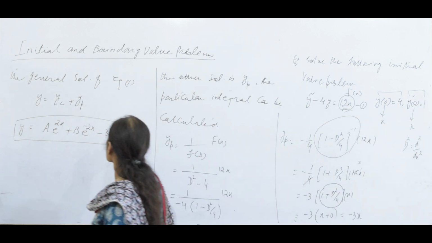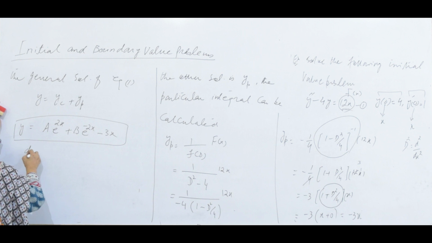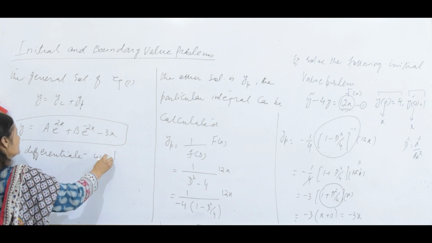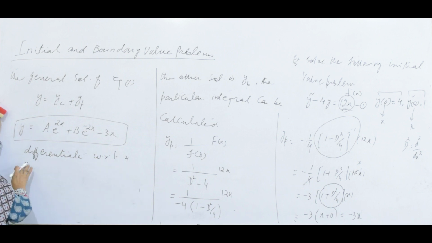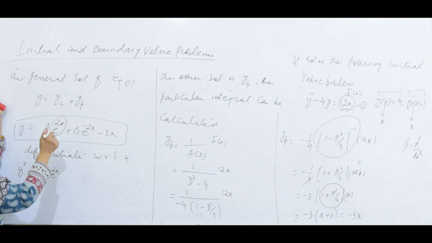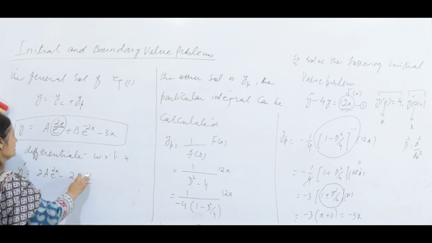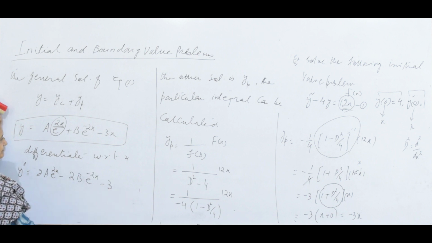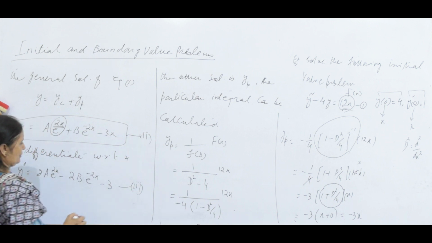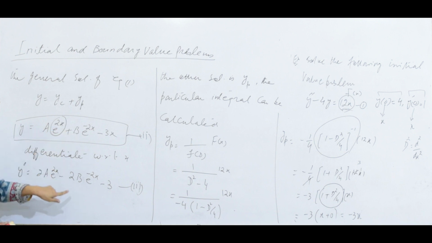So let me differentiate with respect to x. This is y prime is equal to 2a e^2x, because if you are differentiating e^2x, the derivative gives 2 here. Then minus 2b e^-2x and minus 3. Call it 2 and call it 3. So equation 2 and 3 can be used to find the value of a and b.